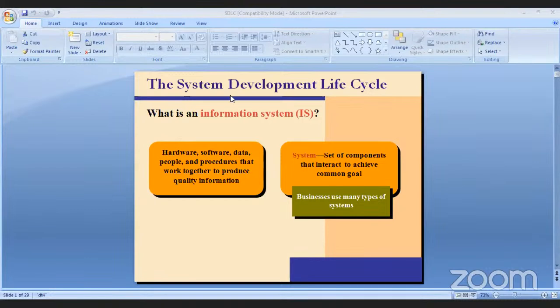The SDLC is a standard which stands for System Development Life Cycle. Now, before going to the presentation, let me give you some basic idea.